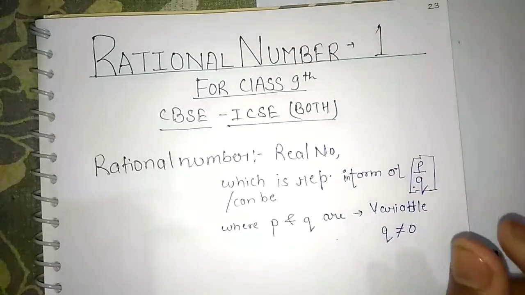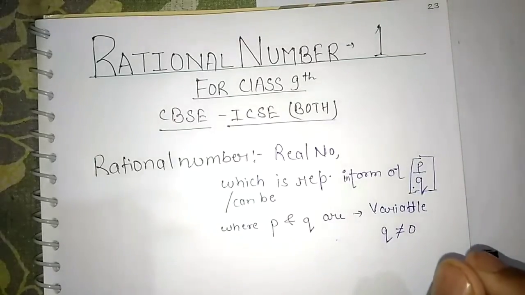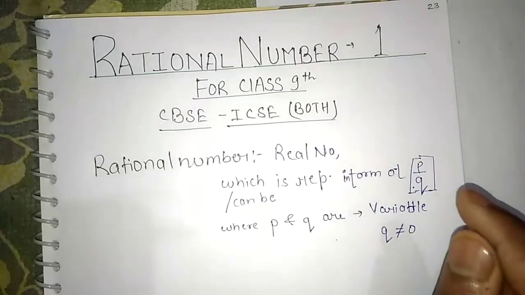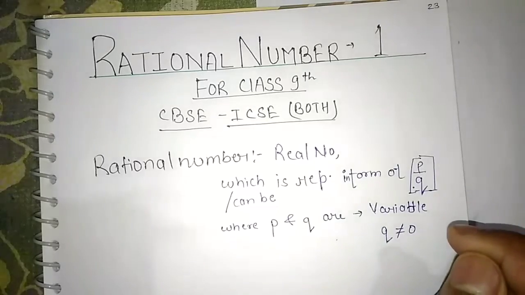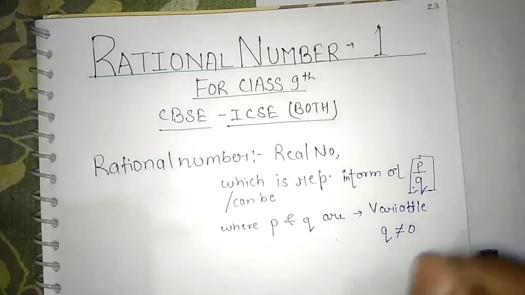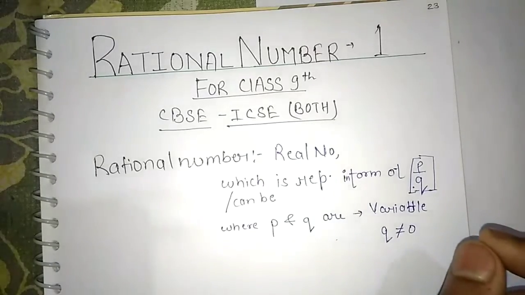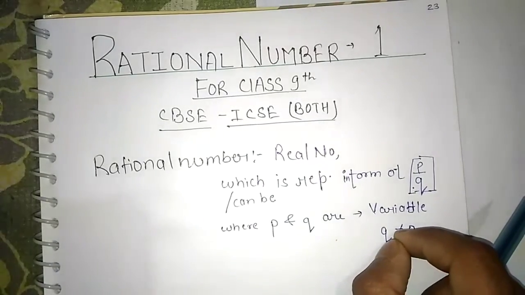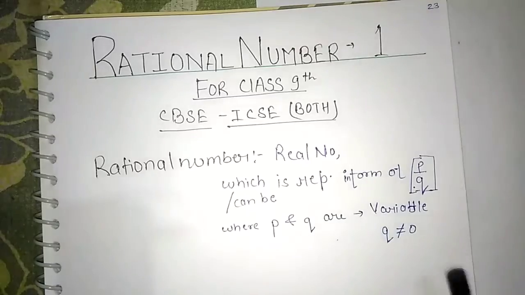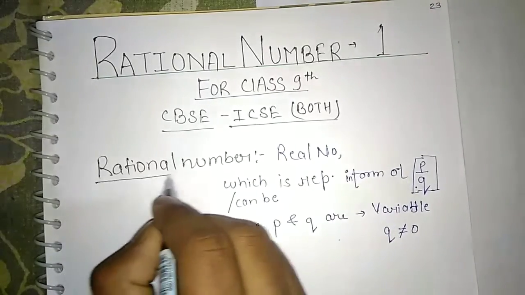If any number is in the form of p by q, where p is a variable and q is a variable, any variable, there is a limit that q cannot be 0. So this is the definition of rational numbers.